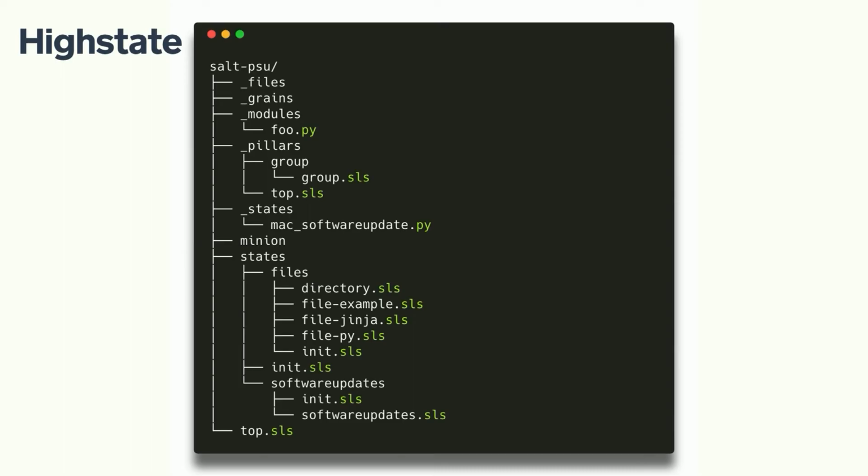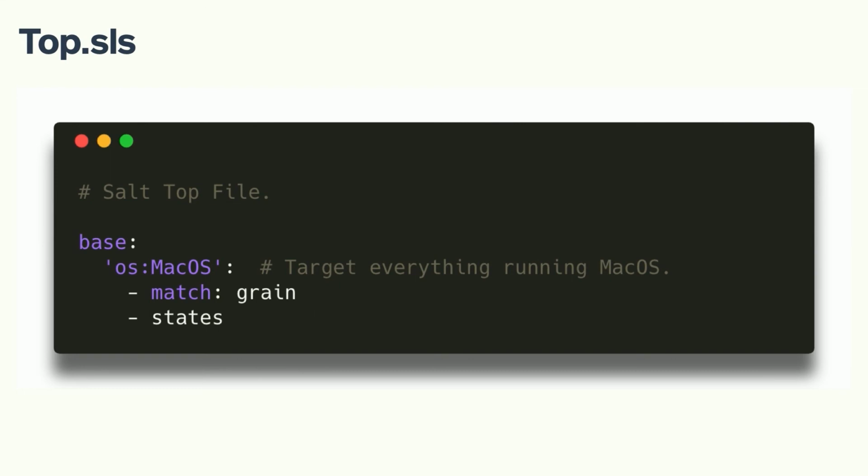So Salt has what's known as a highstate. And a highstate is whenever Salt looks at that top file, and it goes through the entire Salt repo that you have and decides which states it should run. So when we run a highstate with this particular repo setup, it'll first look in this top.sls, which is what we looked at earlier, which in this case, on just macOS machines, matched off the grain, we want to run everything that's in the states directory.